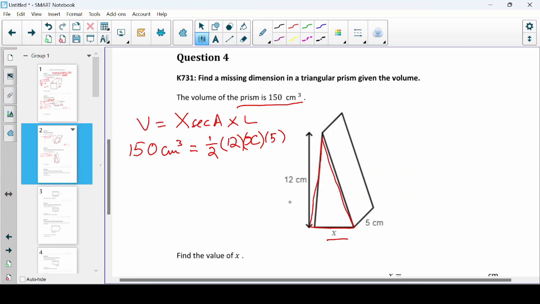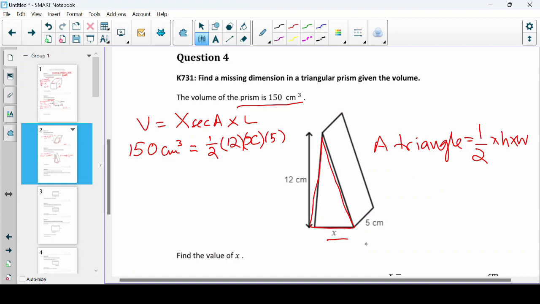The formula of a triangle is 1 by 2. The area of a triangle is half times height times width. So we put the width here as x, the height is 12. So we write the volume of the cross section and then times the length.